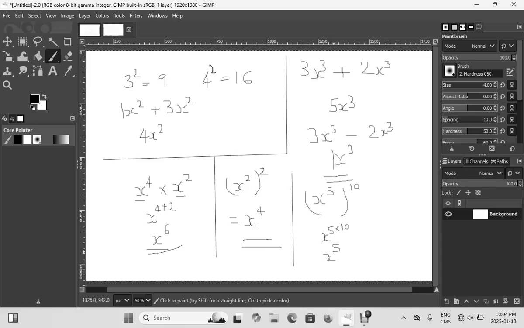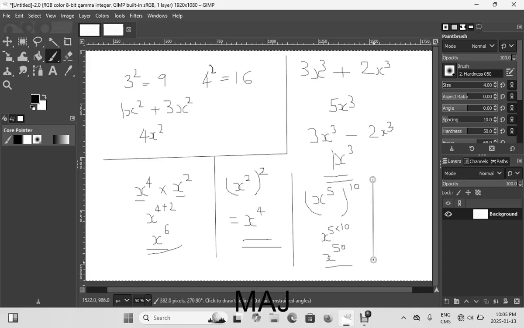This is x raised to 50, which is the same as solving x raised to 5 inside the bracket and then raising the solution to the exponent 10. So x raised to 50.